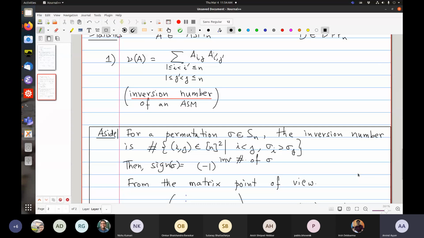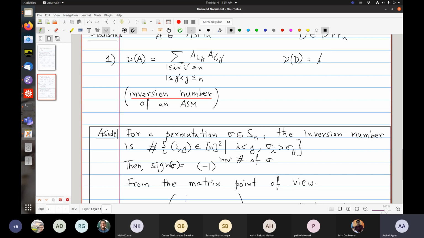That is to tell you that this is not part of the matrix. Okay, so this is the inversion number, so that's nu of A. And now let me define nu of D. As I said, I am operator overloading. I will use the same symbol for different things; it will be clear from the context.